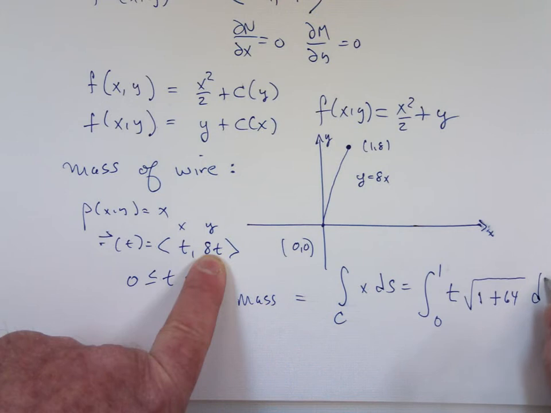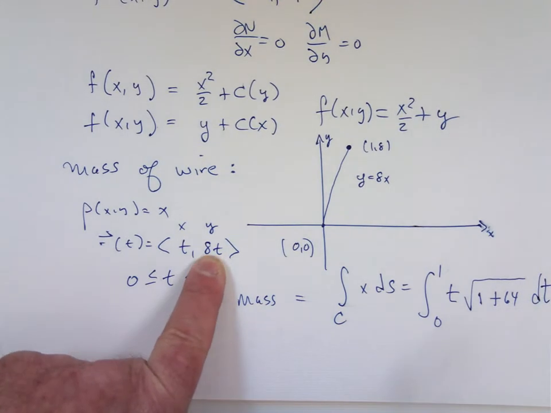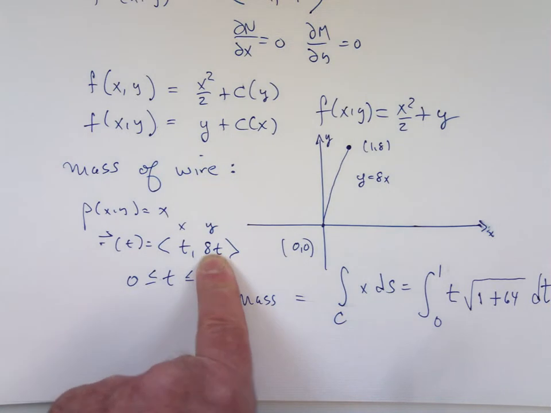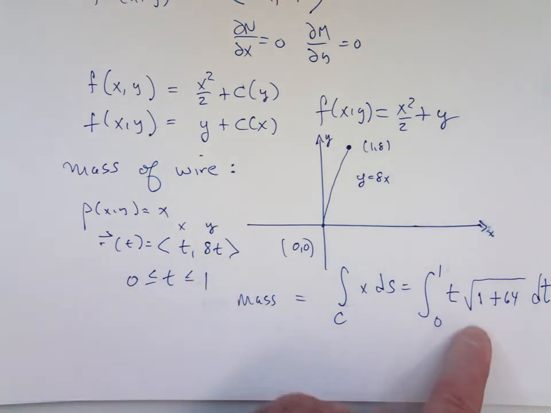See, it's not the same as that dot r prime. You have to multiply by the magnitude is what we're doing here. So it's a little bit different. That's what we were doing with that problem somebody gave me the other day. I wasn't sure if it was a mass problem or a work problem. There's a slightly different approach to each one of those. So I started doing it one way, and then I went back to the original way because I realized it was really the mass problem. Set up the magnitude of r prime.